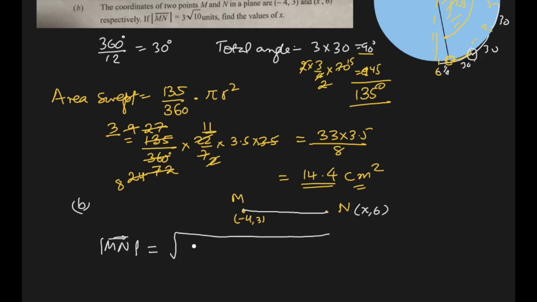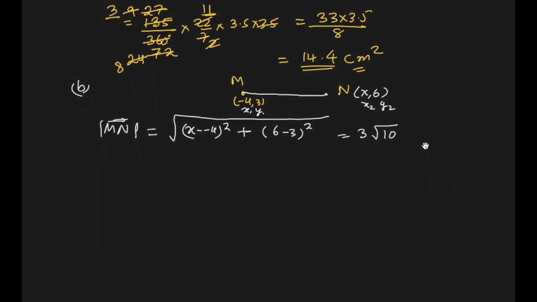According to distance formula, x2 minus x1. Let's say this is x1, this is y1, this is x2, this is y2. So x2 minus x1, x minus -4, square, plus y2 minus y1, 6 minus 3, square. And they said it is equal to 3 square root 10. Right? And we have to find the value of x. Now we will do it.